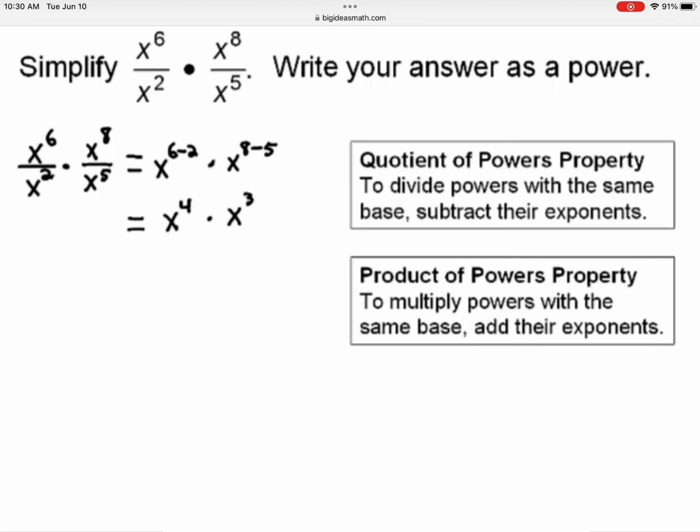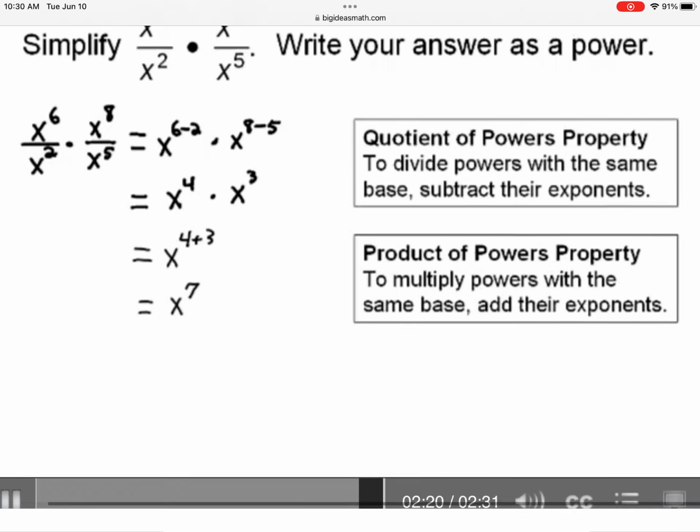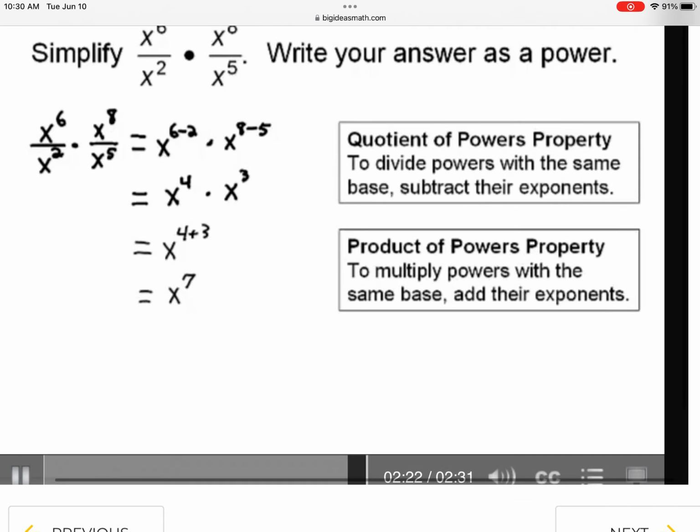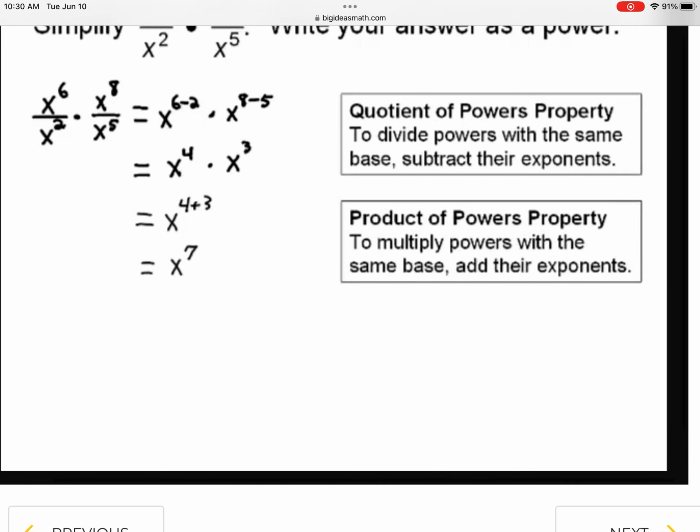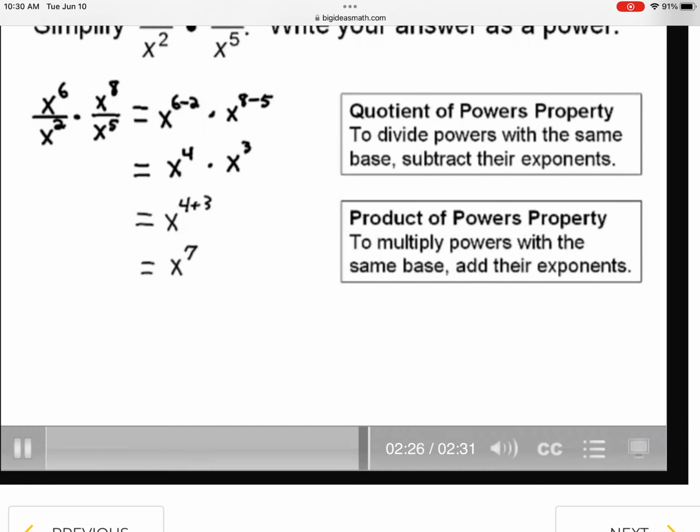So, x to the 4th times x cubed can be written as x to the 4 plus 3. 4 plus 3 is 7, so you have x to the 7th. So, x to the 6th divided by x squared times x to the 8th divided by x to the 5th is equal to x to the 7th.